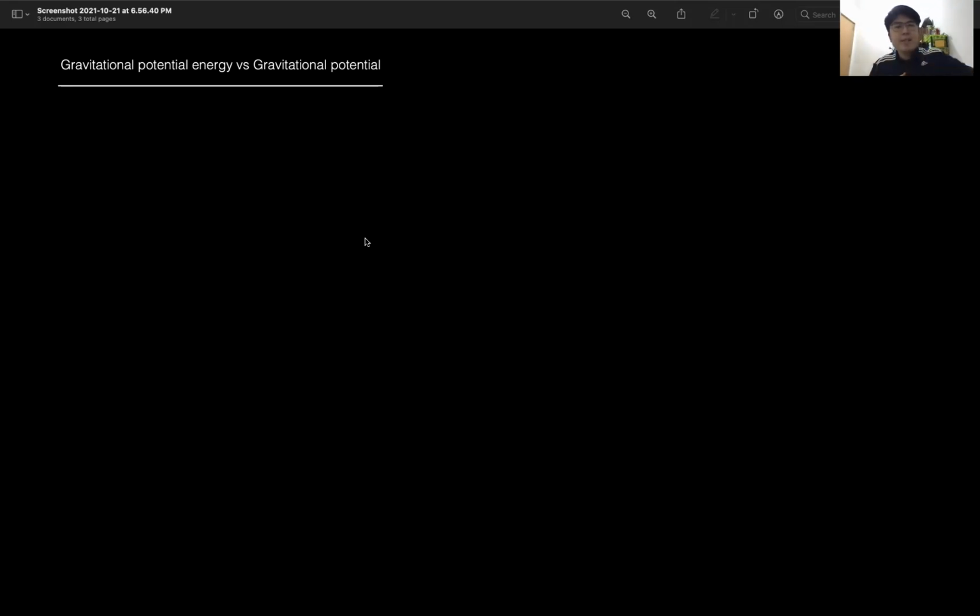And since I'm going against the natural motion of the object, and the natural motion is downward, right? So whenever I go against the natural motion, work needs to be done by an external force. So I'm applying the force, and then the object gains potential energy.